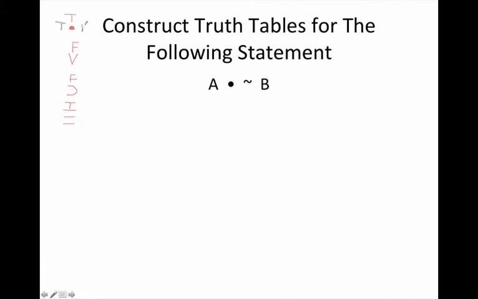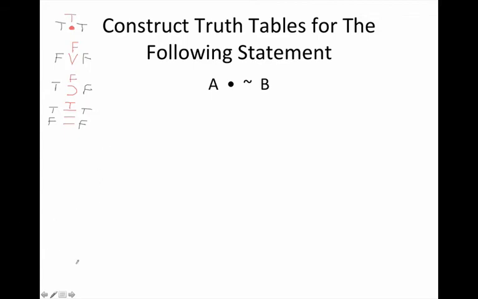Each of the conjuncts is true. Each of the disjuncts is false. The antecedent is true and the consequent is false. And lastly, the truth values are equivalent. So you can maybe jot this down and use this as a handy reference.